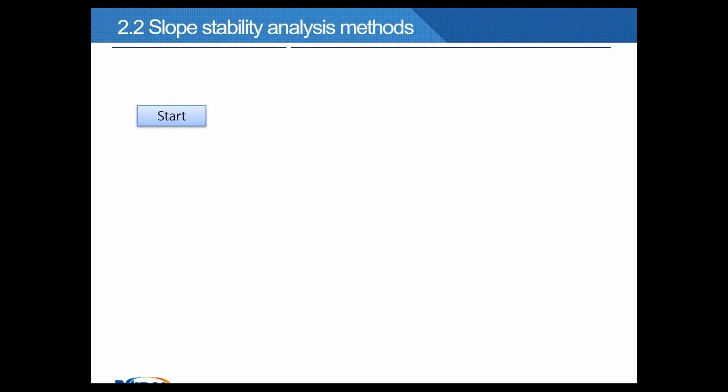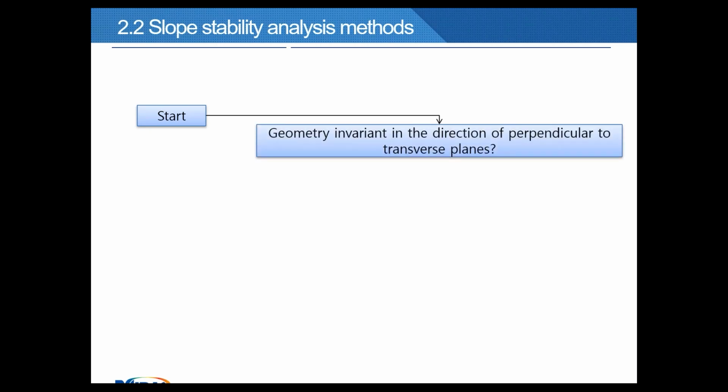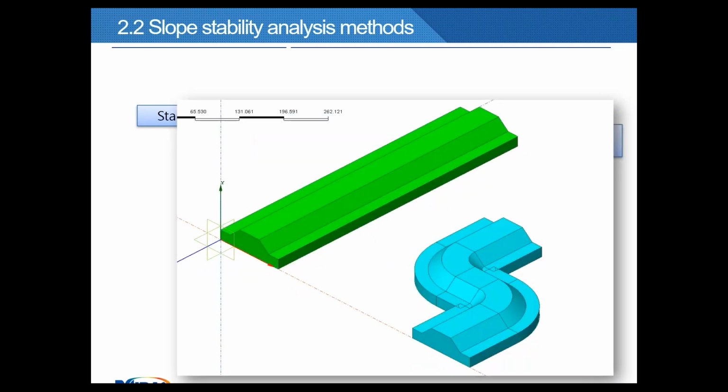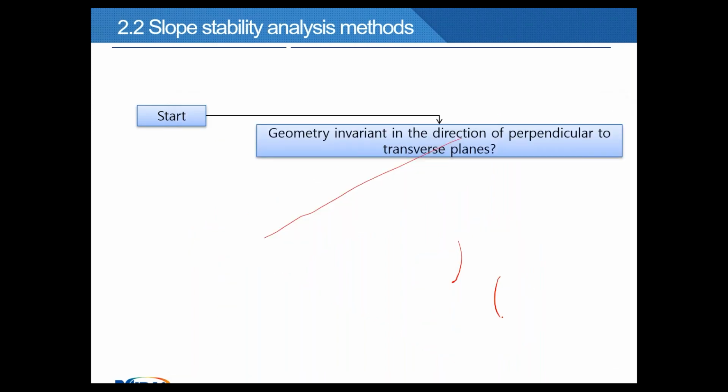But now the computer power and also the possibilities of software allow us to analyze problems in 3D. So when to choose 3D? If the geometry is invariant in the direction perpendicular to transverse planes, for example here, in this example we choose 2D analysis. For these parts, we should choose 3D analysis.